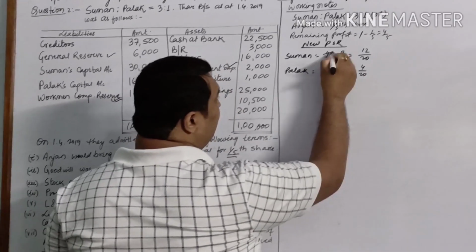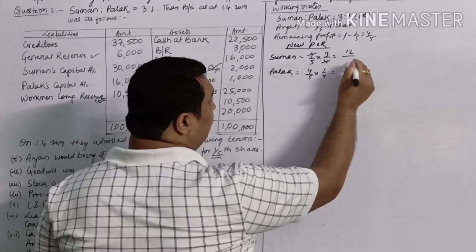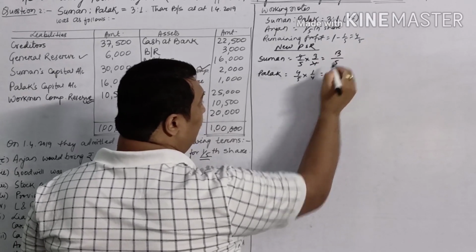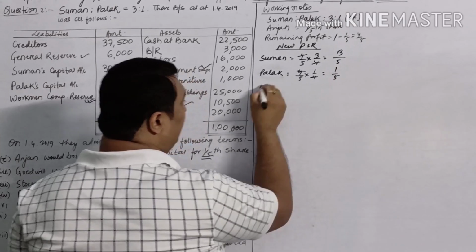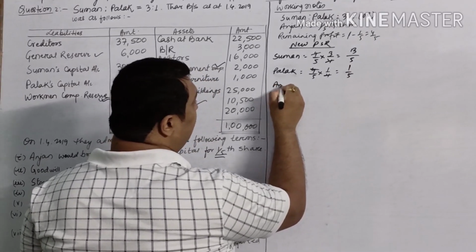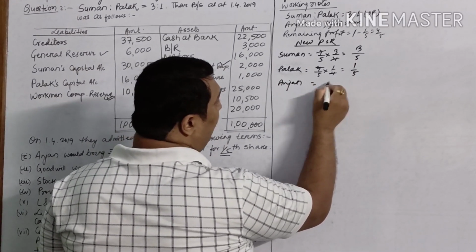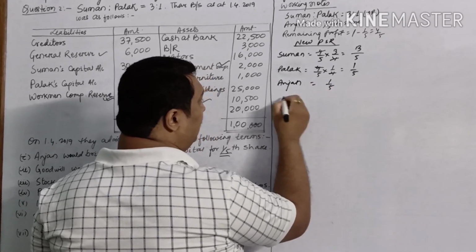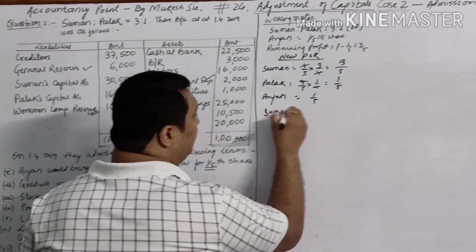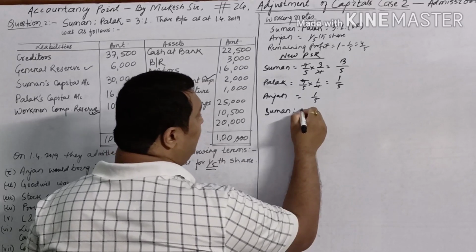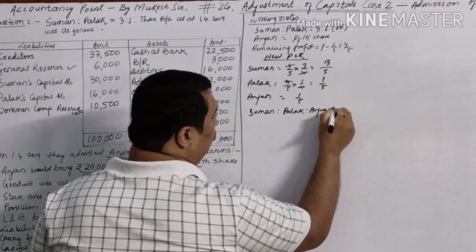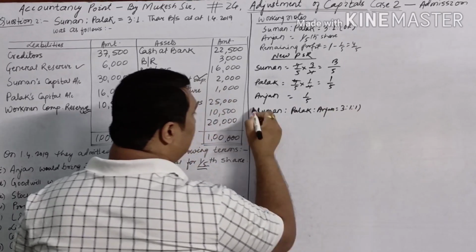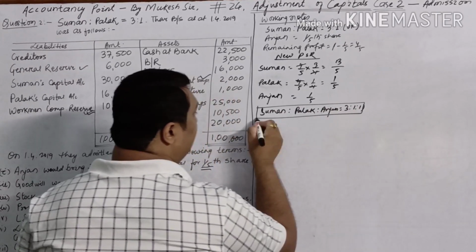We can cancel this 4 also, so it will be 3/5. This 4 is also cancelled, so it may be considered as 1/5. And Anjan comes for 1/5 share, which is already rationalized. So the new profit sharing ratio between Suman, Palak and Anjan is 3:1:1.